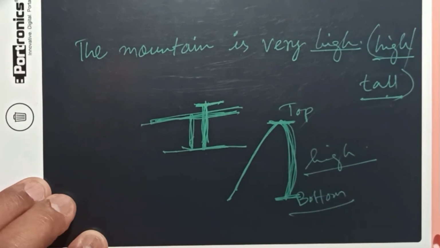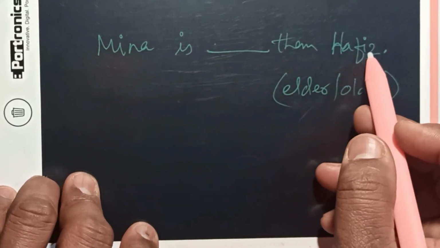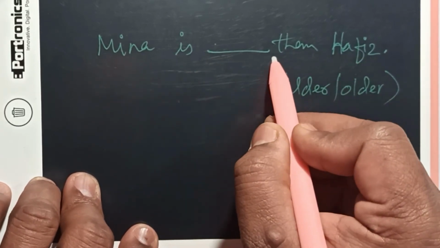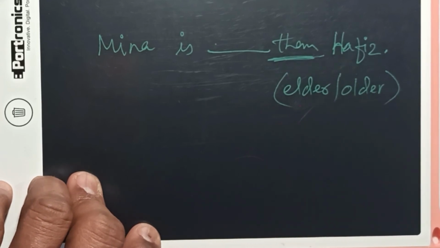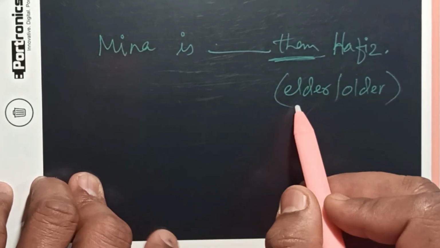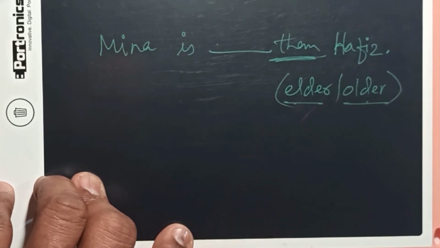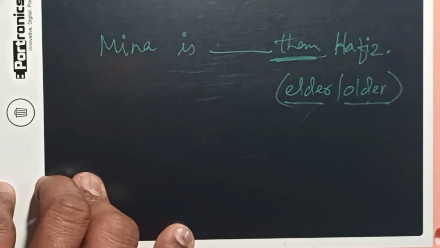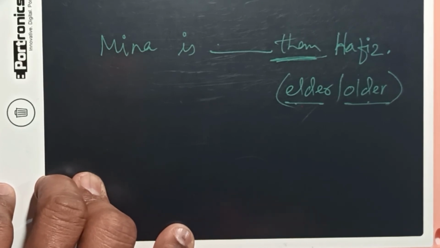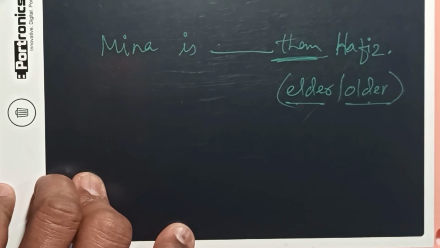Okay, we have this sentence, Mina is dash than Hafiz. A comparative word is used here. If we talk about the difference between elder and older, both are talking about something which is advanced in age or more advanced in age.